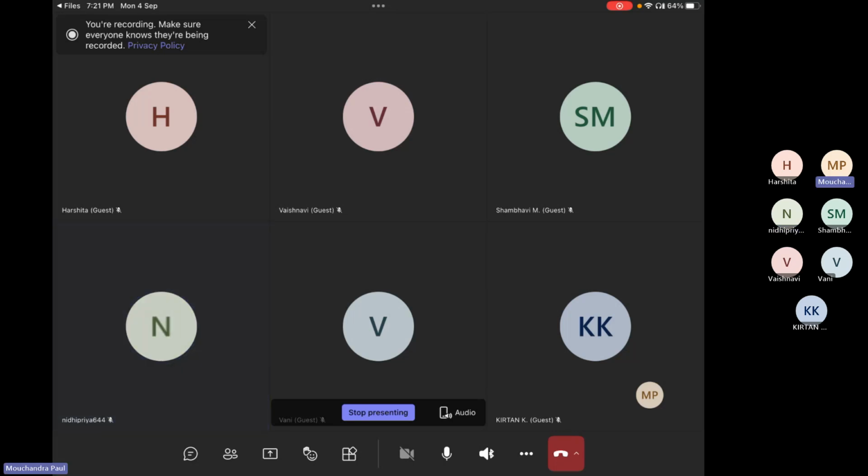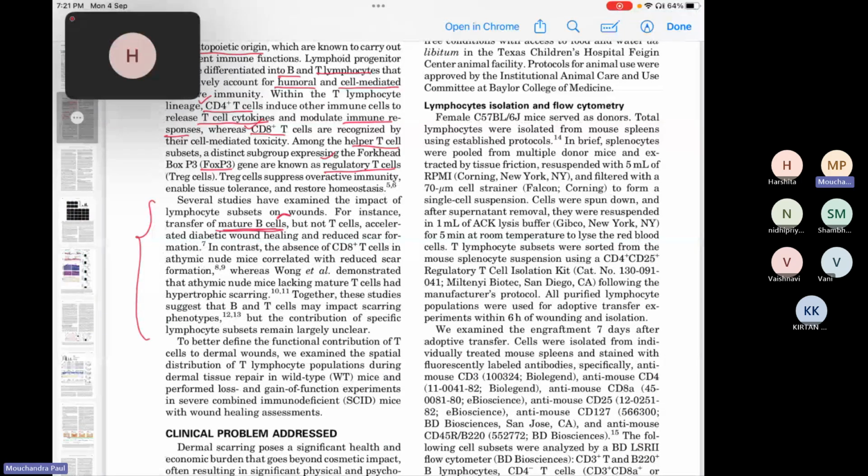Okay, thank you. So if I were to use these results for my tissue engineering application, meaning I wish to make such a skin construct which can reduce the scar formation of a chronic wound area, I would try to incorporate those factors, growth factors, in my skin tissue construct, which will allow more and more T cells to migrate into that area, and I can expect that scarring can reduce.